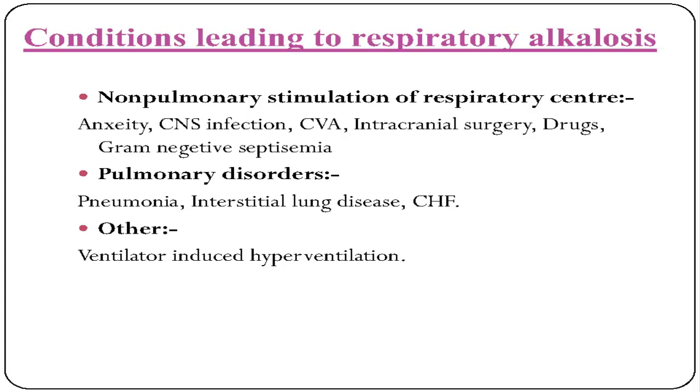As we know, in respiratory alkalosis there will be increased drive of respiration, increased rate and depth of respiration, leading to the washing out of the acid, that is carbon dioxide, from the system. So when the rate and depth of respiration increase, these conditions lead to respiratory alkalosis.